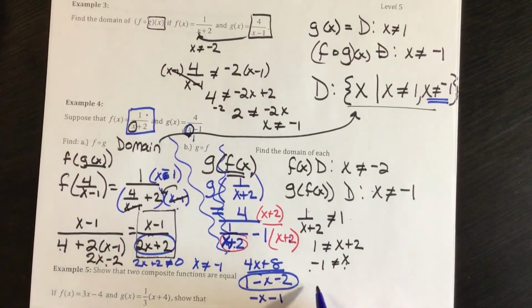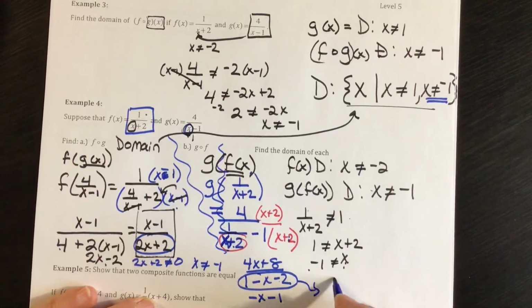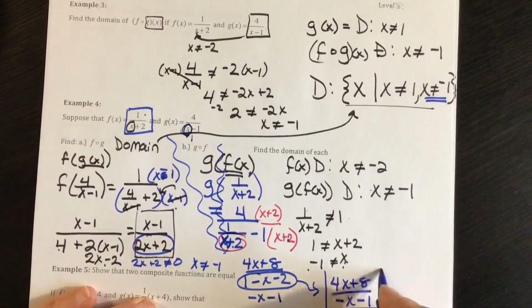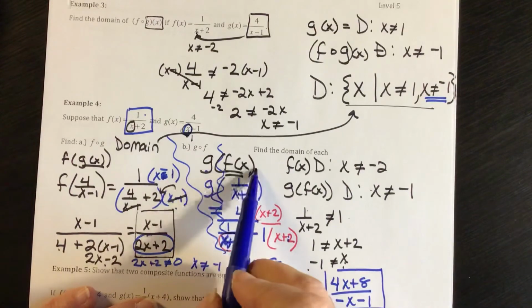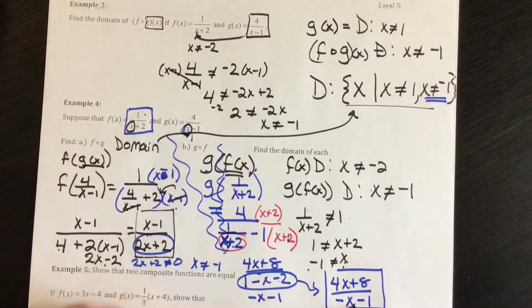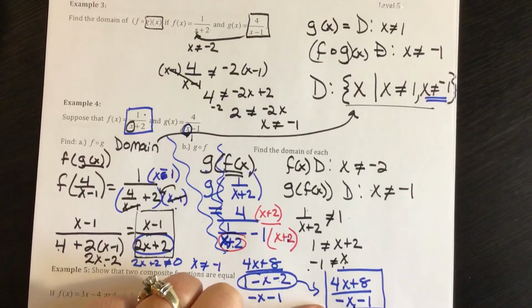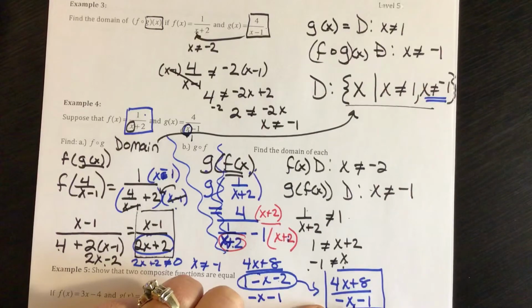So this is really, I'll write it a little bit neater. 4x plus 8 over minus x minus 1. This is the value of g of f of x right here. And if I look at this domain, if this cannot equal 0, what am I going to have here?